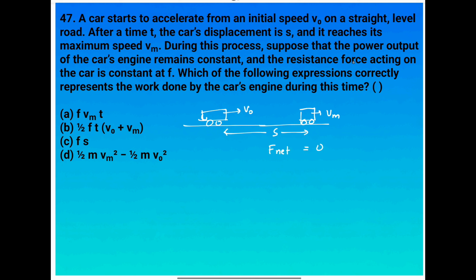So what are the forces acting on the car? One force is the force by the engine, that is F, and the other force is the resistive force, that is F. So this net force will become zero. That means F will be equal to the resistive force.